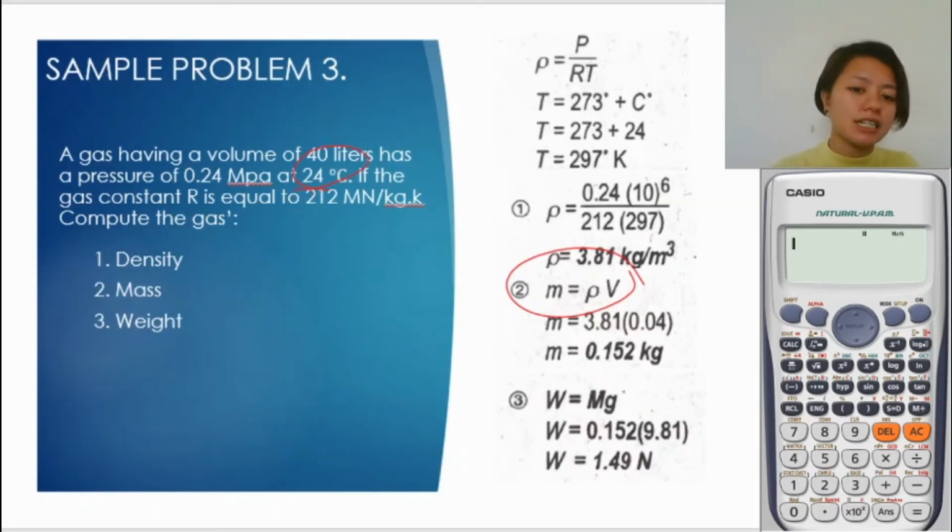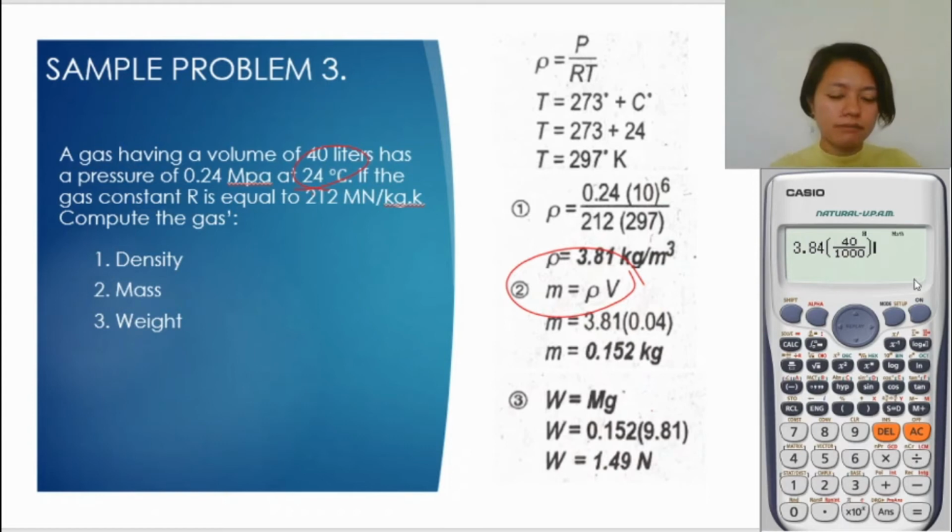You just multiply, guys. So we have 3.81 as the density times the given volume. It is in liters, so we convert it by dividing by 1,000. We have 0.1536, which rounds down to 0.15 kilograms for your mass.